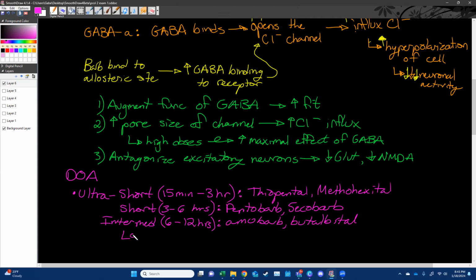And then finally, your long-acting barbiturates, which are 12 to 24 hours, which is your phenobarbital, and also primidone. That's the other one.